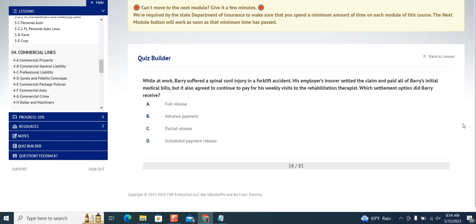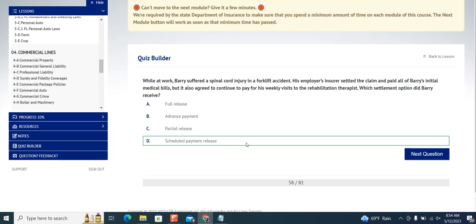Which settlement option did Barry receive that is not a full release? Scheduled payment. It says it also agreed to continue to pay for his weekly visits. So if they're going to pay weekly, I guess he's on a payment plan, like a scheduled payment release?